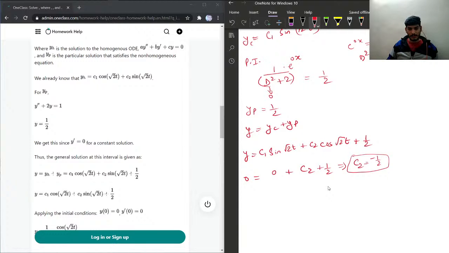Now we will go for the second boundary condition. We'll not substitute the value of c2 right now.